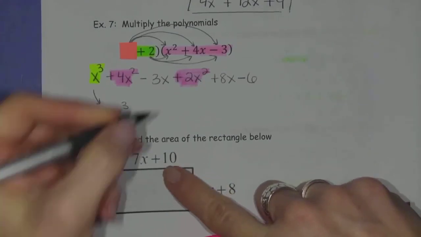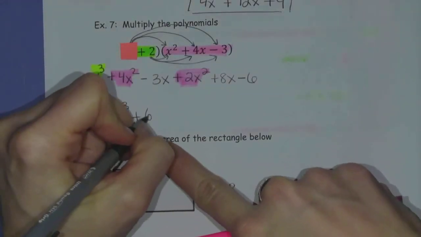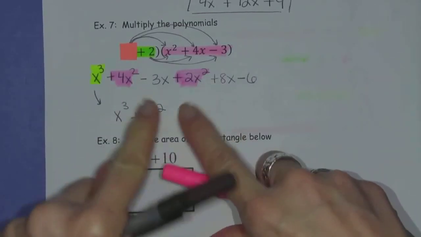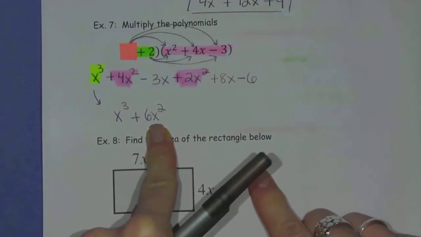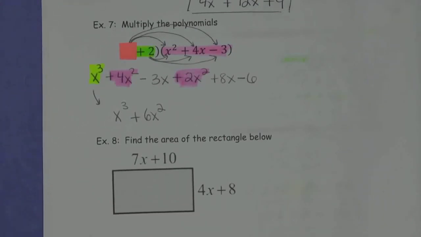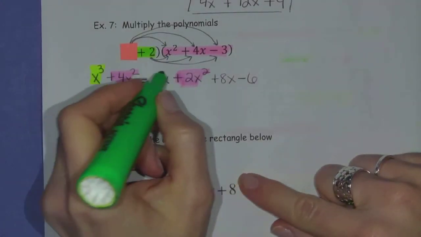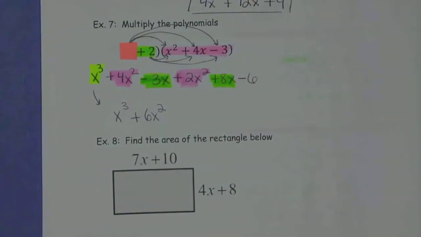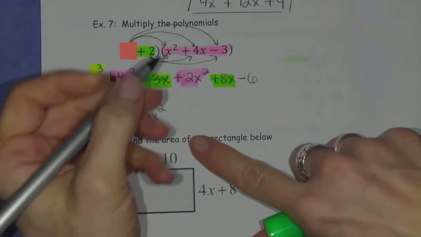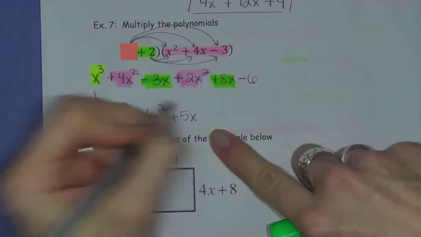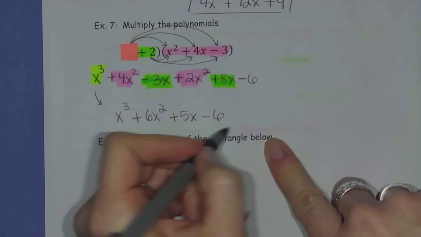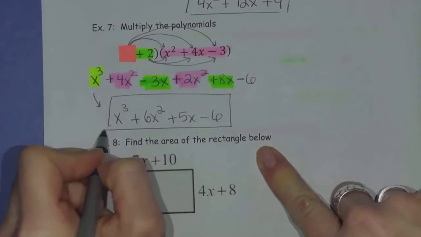That is a positive 6x squared. 4 plus 2 is 6. Add the coefficients. Bring along the variable component. Okay, then we run into a negative 3x and a positive 8x. So a negative 3x plus 8x is a positive 5x. And minus 6. He stands alone. So there is my final answer.